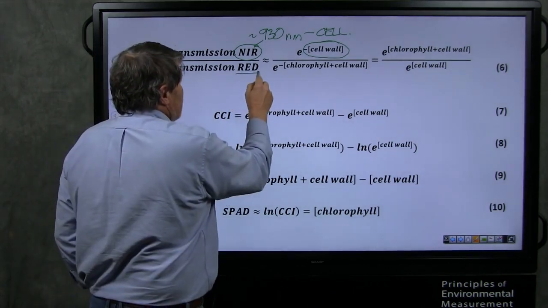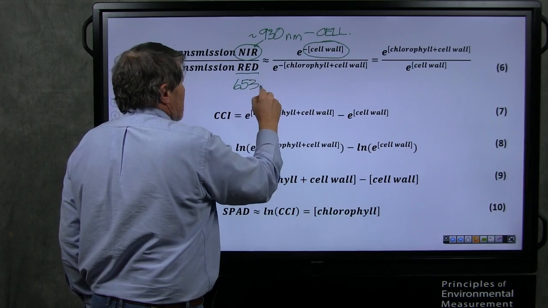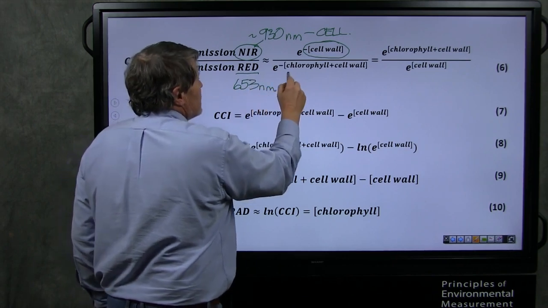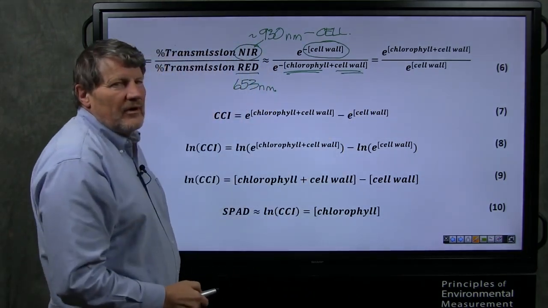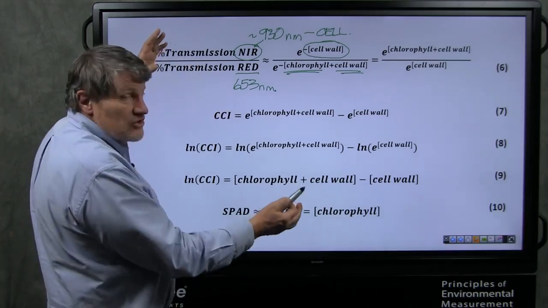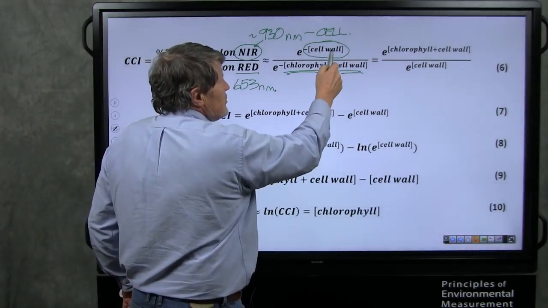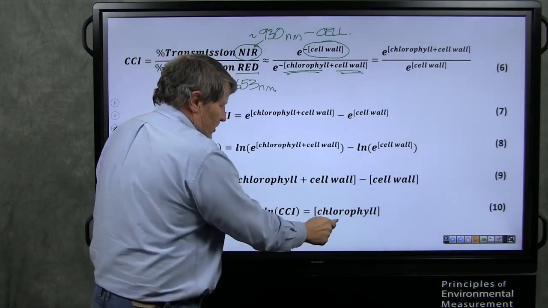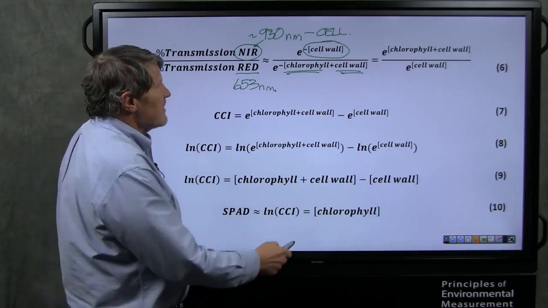This red wavelength, which is at 653 nanometers, measures both chlorophyll and cell wall together. There is no single wavelength that only gives us chlorophyll. We have to ratio two wavelengths. So now you can see how by subtraction we can get to chlorophyll, but we have to deal with this nonlinear effect.